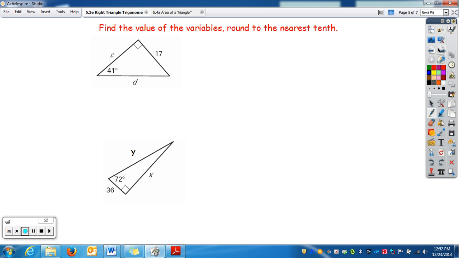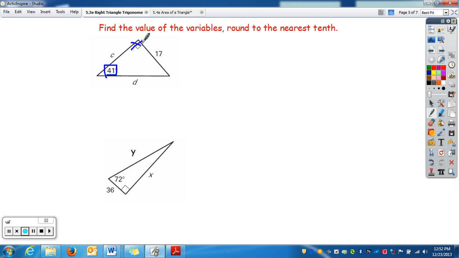So why do we need to know all these trig ratios? We can use them to find actual values when we are calculating. So to do this, we need to find the values of C and D. So here is our angle that we know. Again, we do not ever use the 90-degree angle.